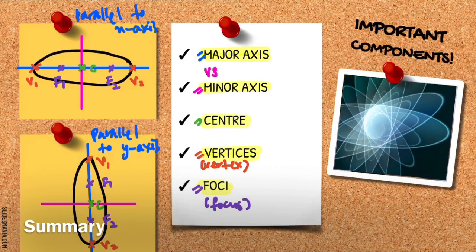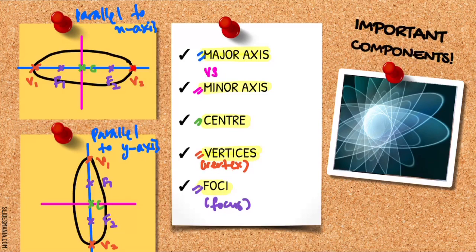Now we have finished going through all the major components of an ellipse. The major axis, this line here and also this line here; your minor axis, which is the opposite side, the pink line here; your center, the middle point here in green; then vertices, the plural for vertex, in orange.